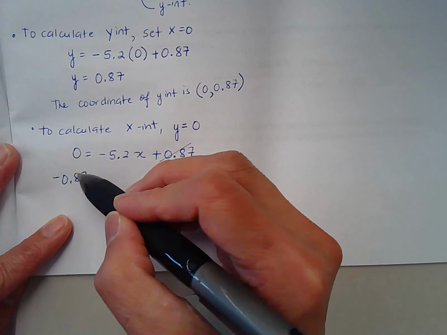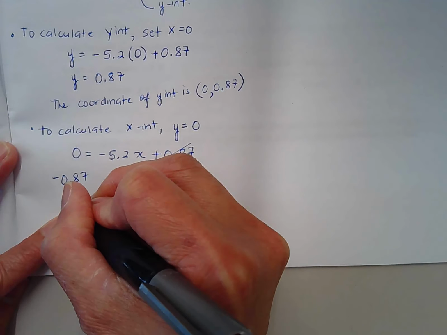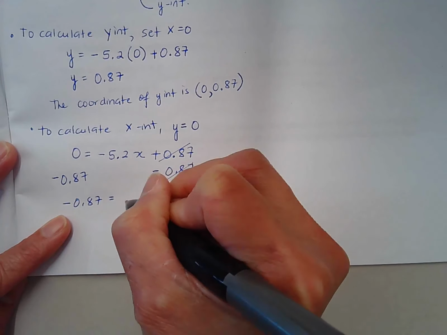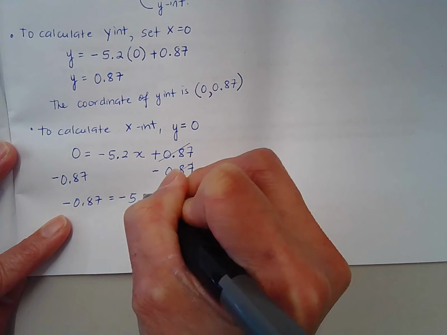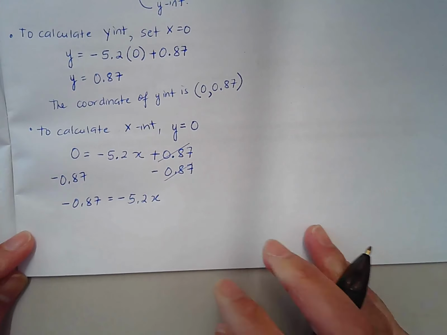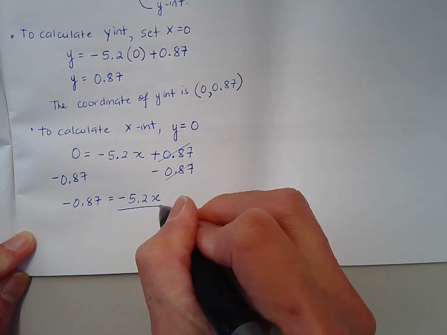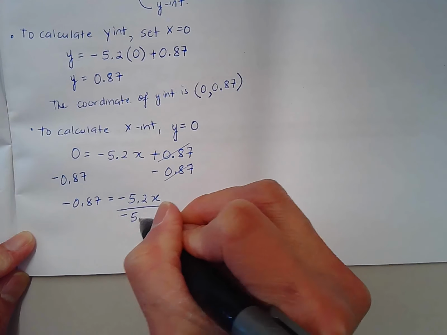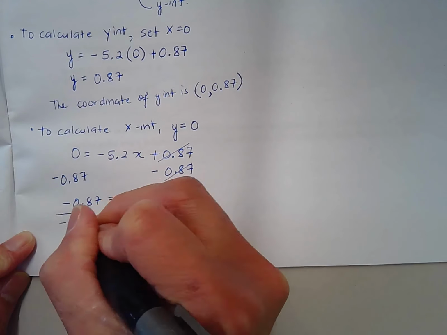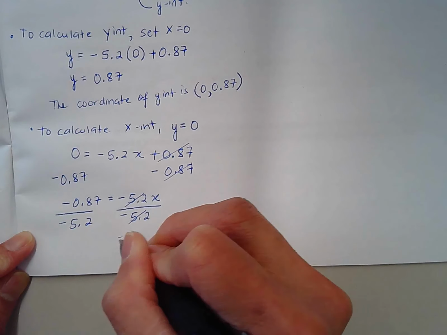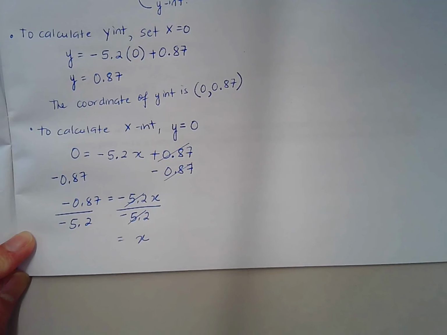So 0 minus 0.87 is negative 0.87, equals negative 5.2 times x. And I think some people were saying we've got to divide by negative 5.2. Negative 5.2 cancels, and we're left with the x.